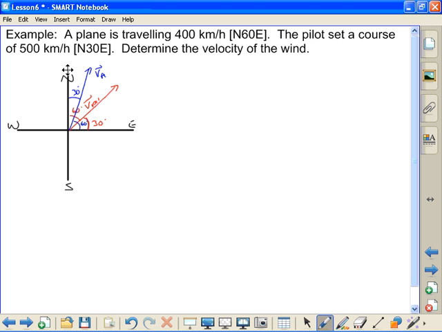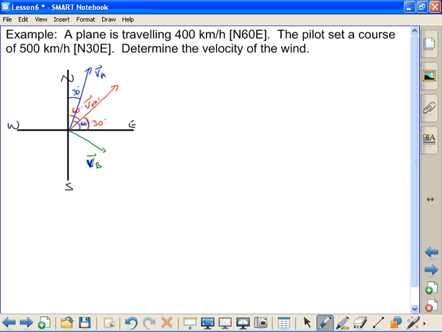So from the diagram, you know VA, the pilot took off in that direction, and the resultant was he ended up over here. So something has pushed the plane off course, and so I'm predicting that my wind vector, or in this case VB, is going to be pointing in that direction.